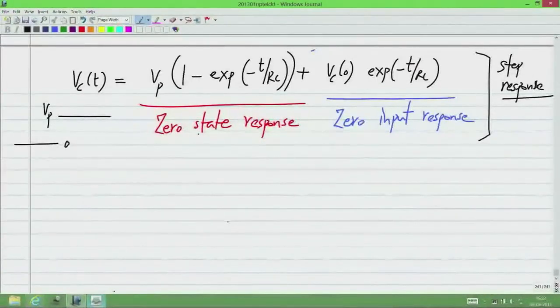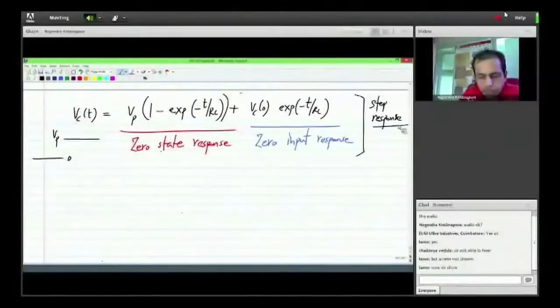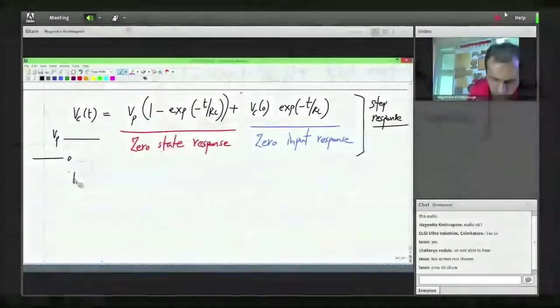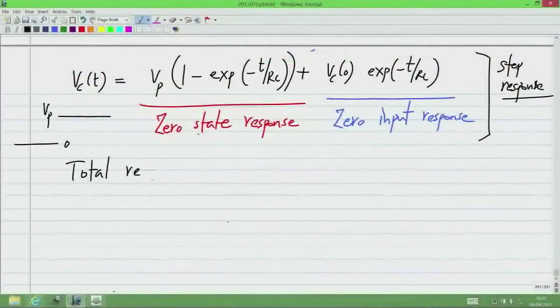This is supposed to be a linear system, and the response we classified into different parts. First of all, we have the total response, which is Vc of t, and we have the transient response.